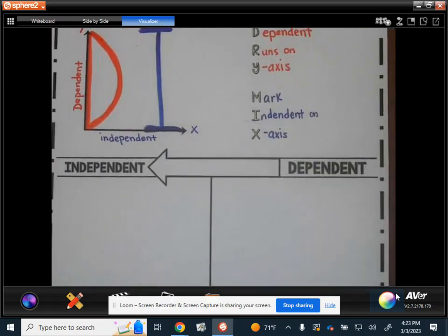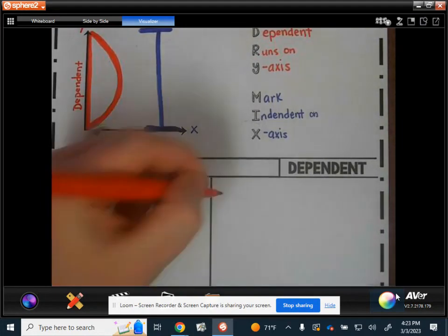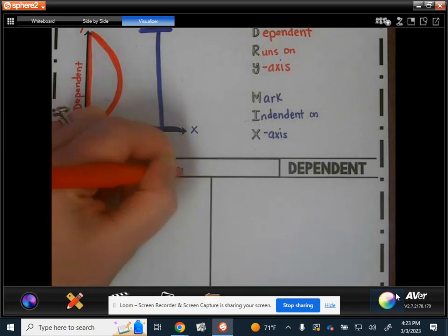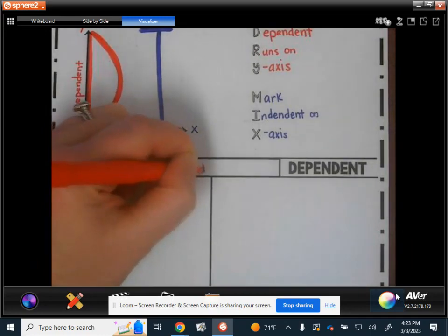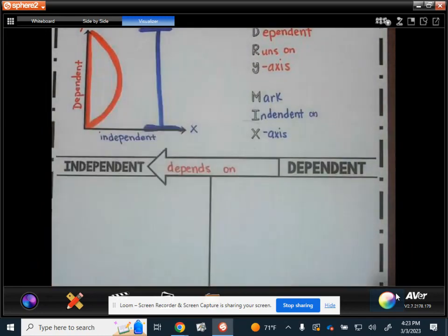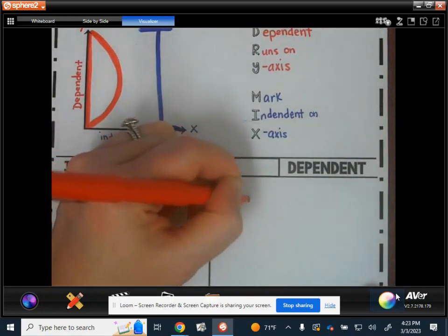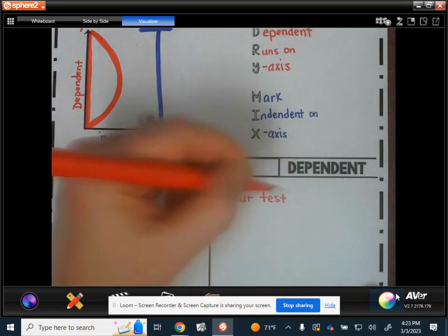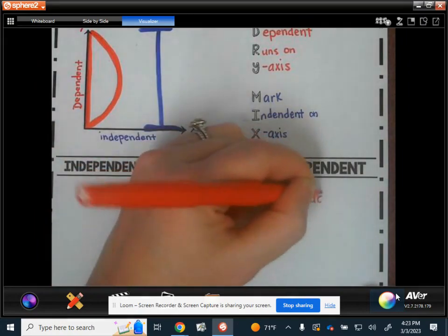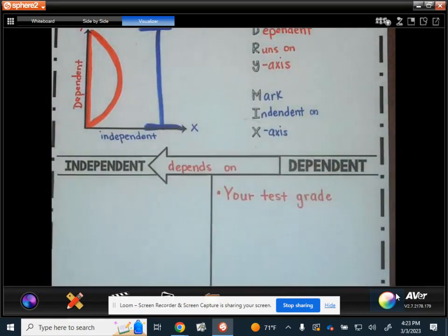And these are situations that we see a lot of times in the real world. There are certain things that depend on other things. So remember, your dependent depends on your independent. Something that's dependent on something else is your test grade. It's dependent on a lot of things, but we're just going to talk about one thing.